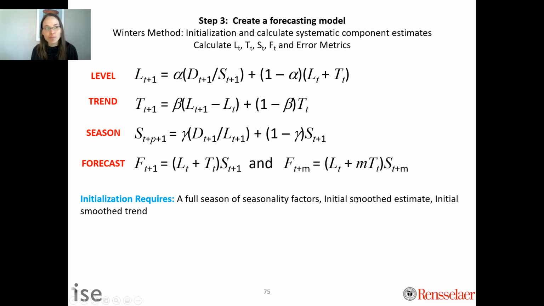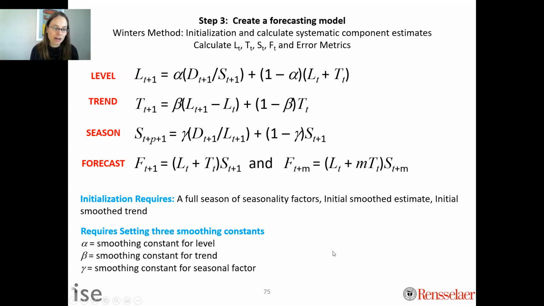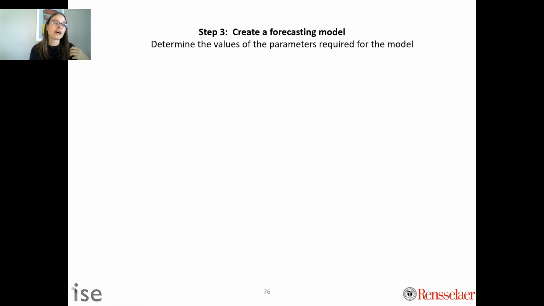Just like we've seen before, we need to initialize. So for example, to get L of 1, we need L of 0. T of 1, we need T of 0, but then we need a full set of seasonality for that. And then we also need to set these 3 smoothing constants. Okay, so to set these 3 smoothing constants, how do we do that?